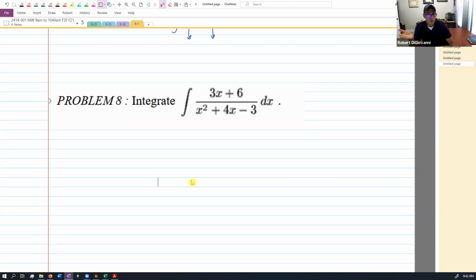So it makes sense that if we start with the quadratic on the bottom as our u, we can cross our fingers and hope that the top is somehow du. We might be off by a constant. So let me try x squared plus 4x minus 3. The derivative of that is 2x plus 4 dx. Is that right?